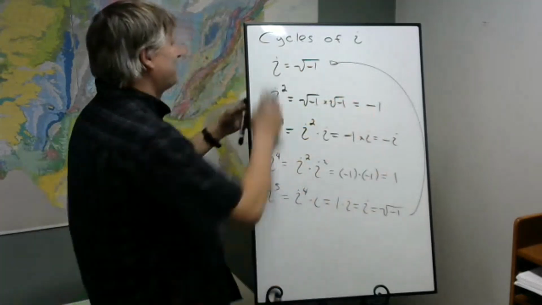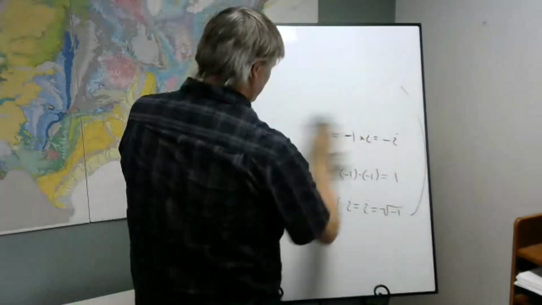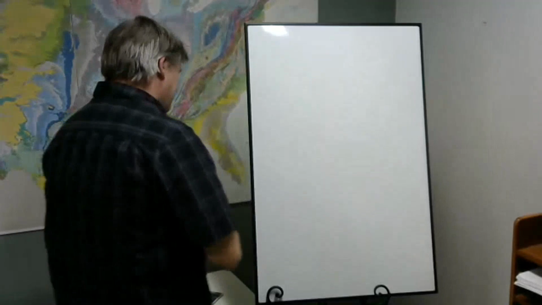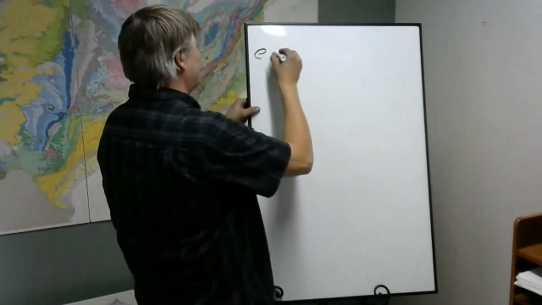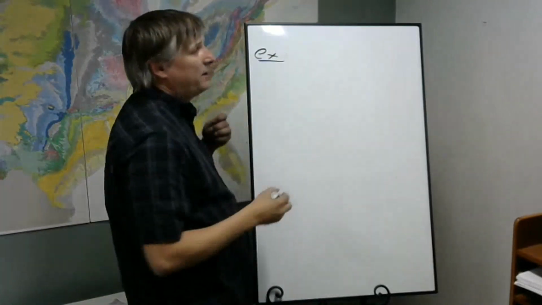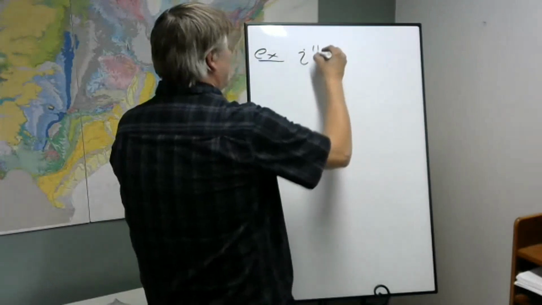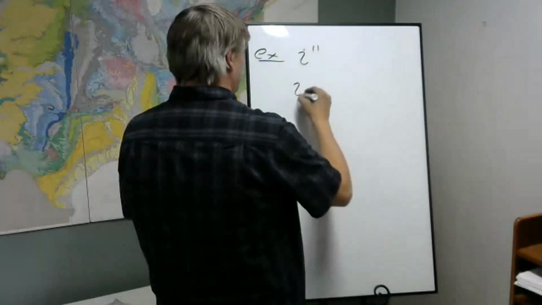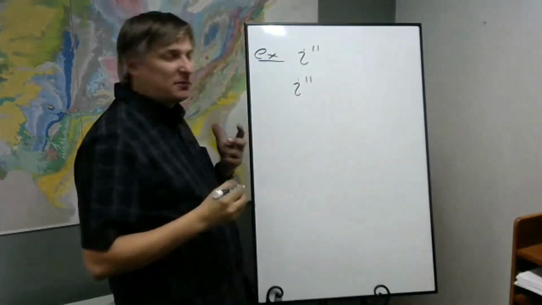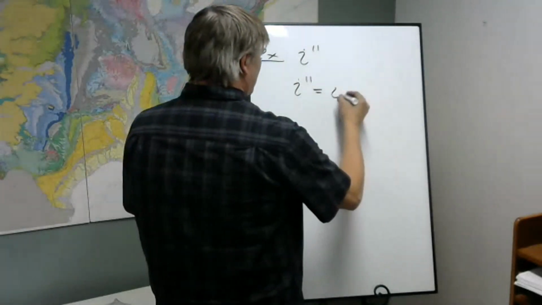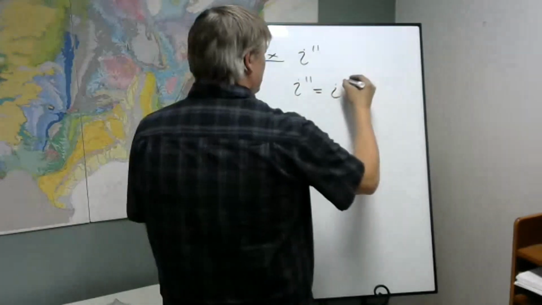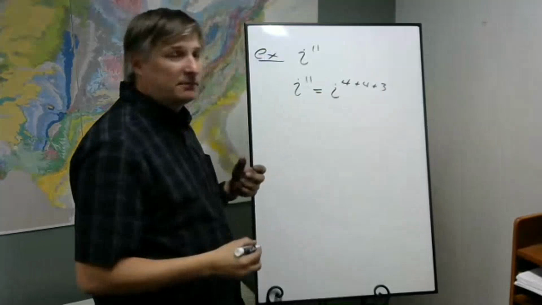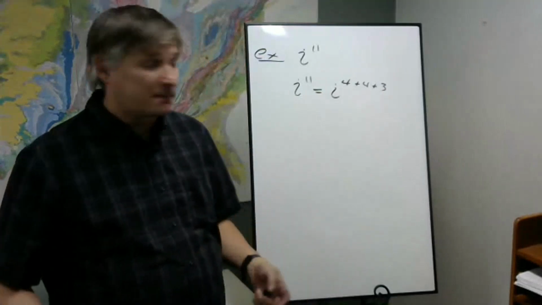So let me do an example. Let's say we have I to the 11th. Well, what we could do is we can get a little clever with this. We can write this as I to the 4 plus 4 plus 3, because 4 plus 4 plus 3 is 11.